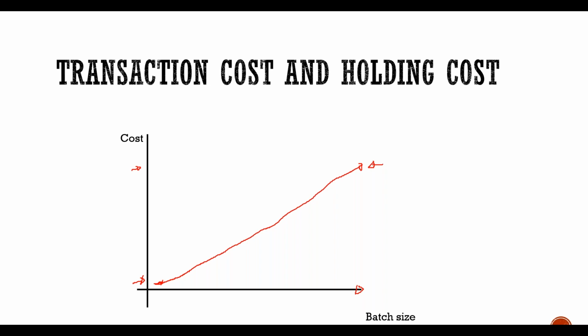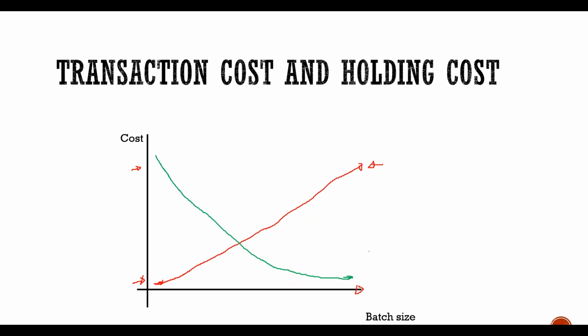The second point is the transaction cost. If I keep on buying 365 eggs for the entire year, it means if my batch size is high, I'm going to go one time to the shop and buy all the eggs. So the transaction cost is represented by the green line.